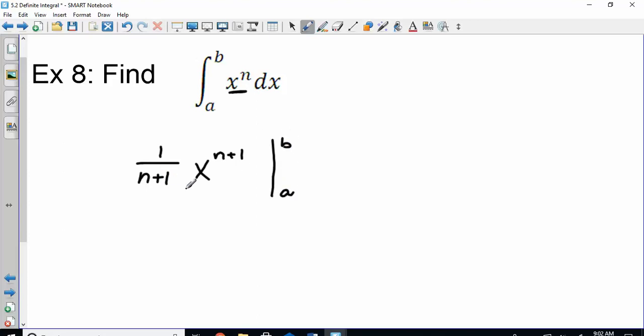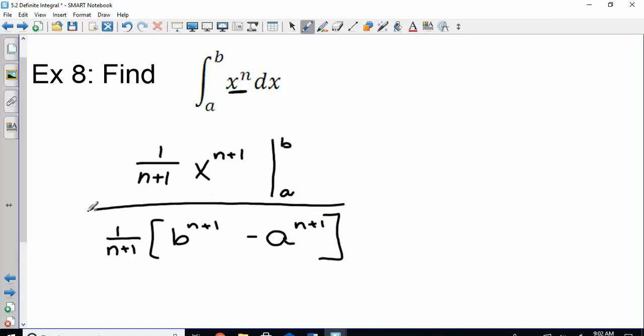And I'm evaluating from a to b. This coefficient, would you guys be okay if I just pulled that out in front? So then I just have b to the n plus 1 minus a to the n plus 1. And since I didn't give you any numbers, that's all we can do.